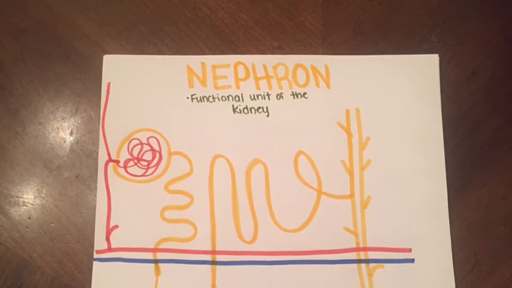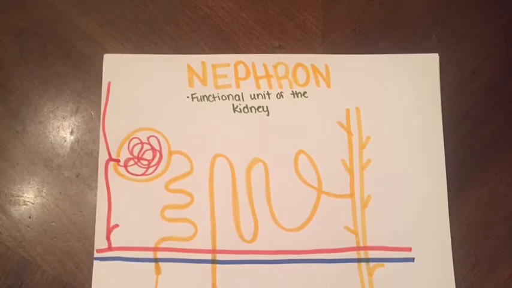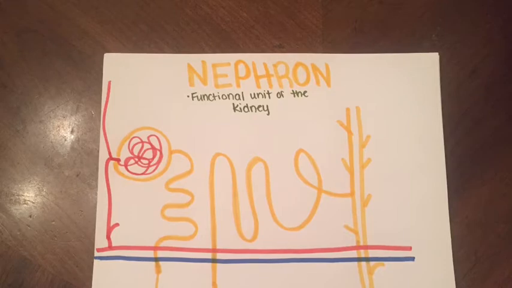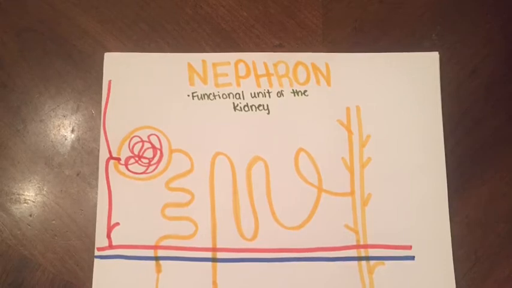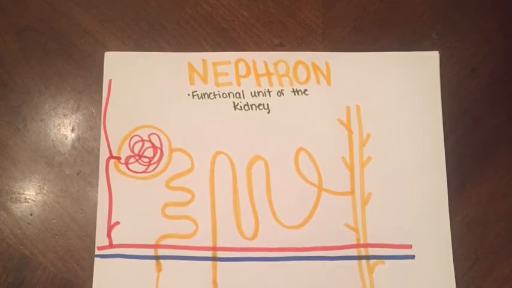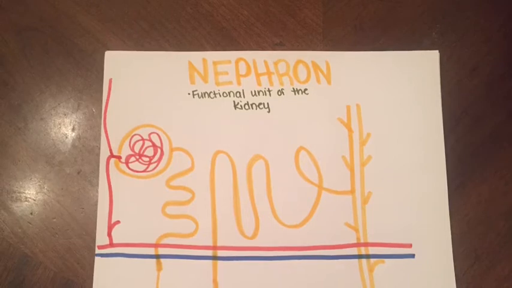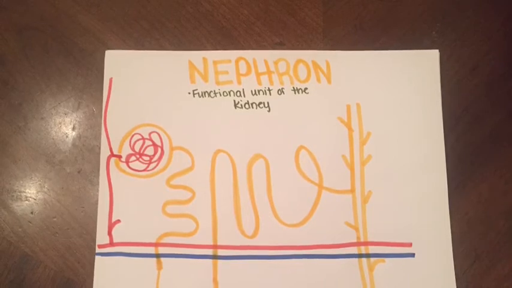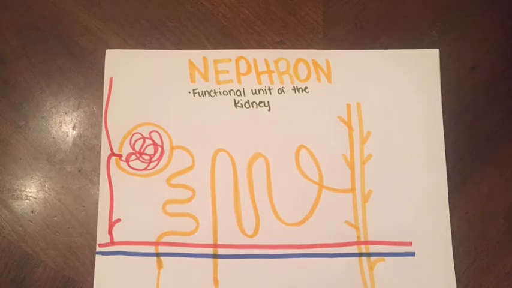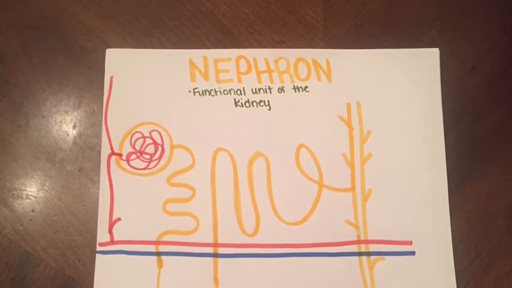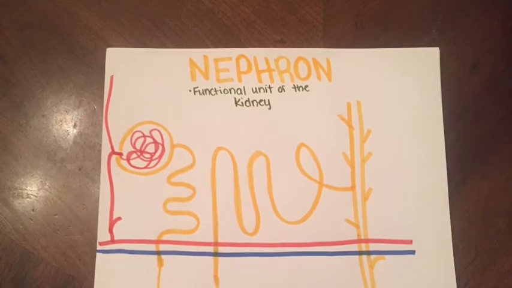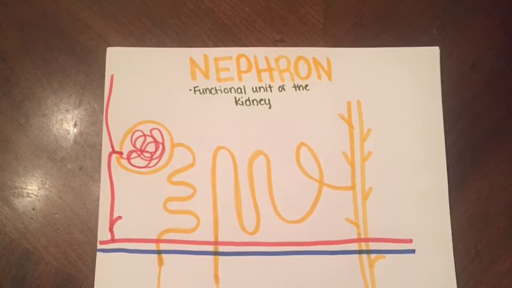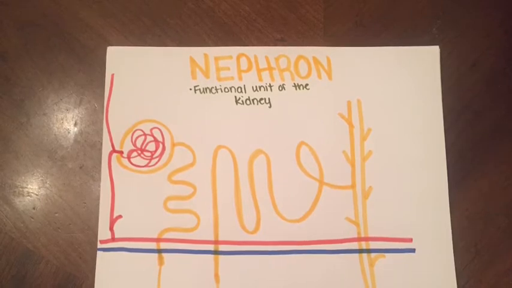At the end of those branches are pedicels, which are like toe-like structures that intertwine with podocytes. In between the pedicels are filtration slits. There's also a capsular space, which is located between the glomerulus and the visceral layer. This captures filtrate as it leaks from the capillaries.